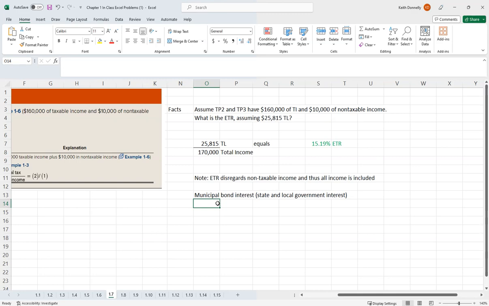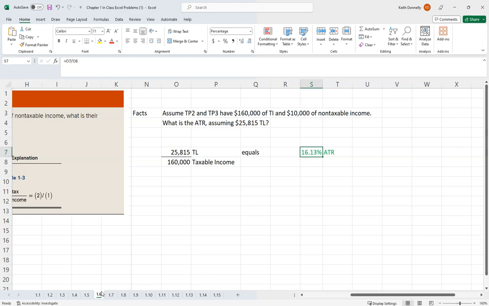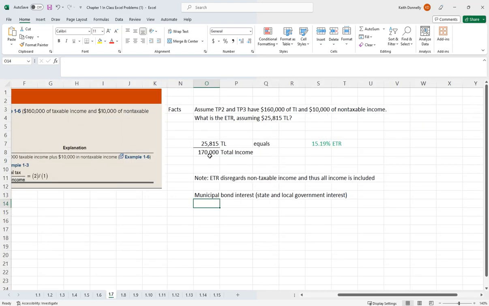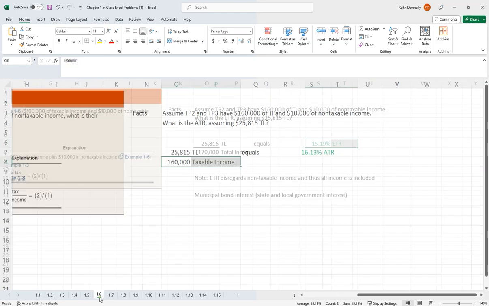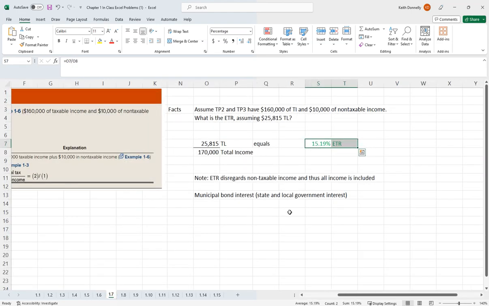And in this way, from a hypothetical theory standpoint, the denominator here is always going to be equal to or smaller than the denominator in the effective tax rate. So in other words, your effective tax rate is always going to be equal to or less than your average tax rate. So here, 16%, the effective tax rate's lower when you start looking at all the income.